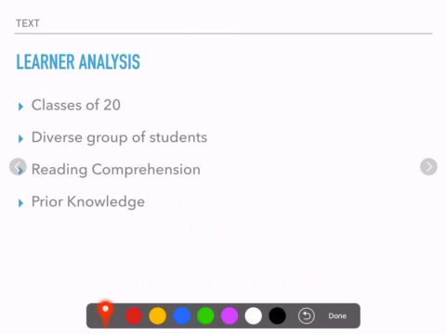Then third, there are some students that have reading comprehension issues, as well as even dyslexia to a point. So it's important for me to consider this with my instruction and decide how I can use different strategies, such as having more images and allowing students to have more time to look back at some of these resources.